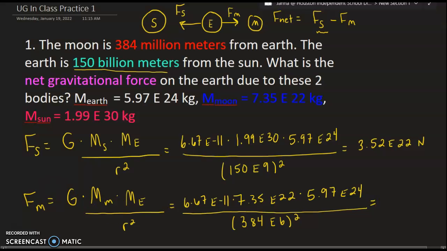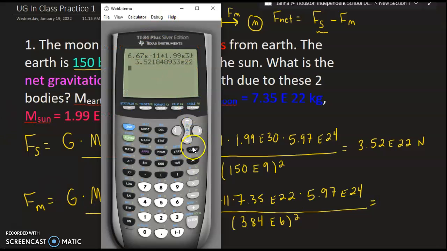Again, grab the calculator, and if you'd like to use the fraction tool, go alpha, y equals. It pulls up this screen, and choose 1, n over d.